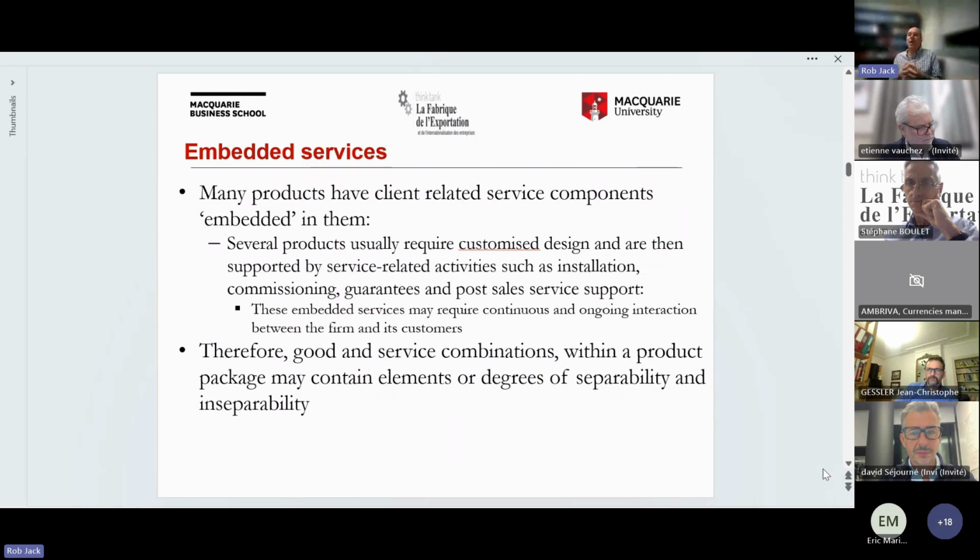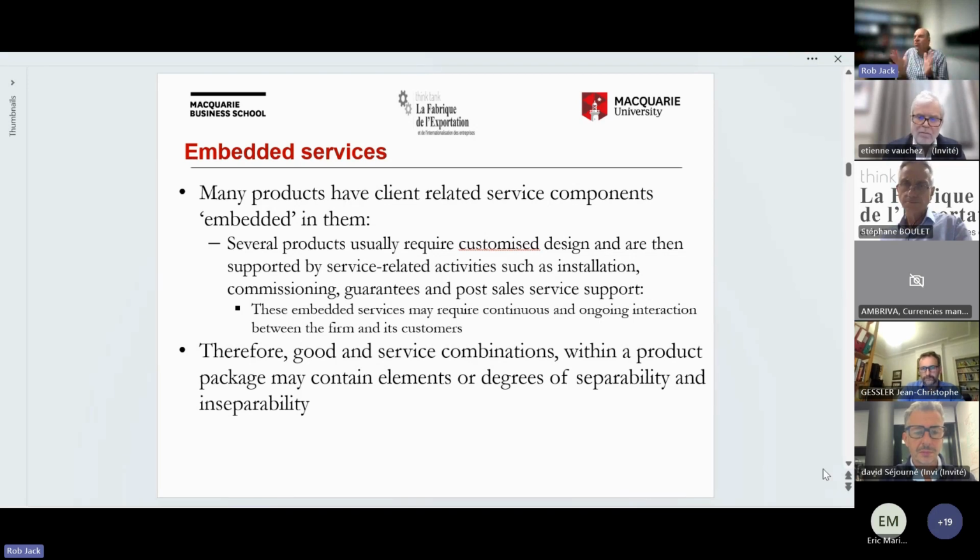Some of them require customized design and are then supported by service-related activities such as installation, guarantees, commissioning, after-sale support. You saw those two elements very much evident in that first large quote that I presented at the beginning. So we tend to talk about goods and service combinations as being the outcome of this overview of product modularity.